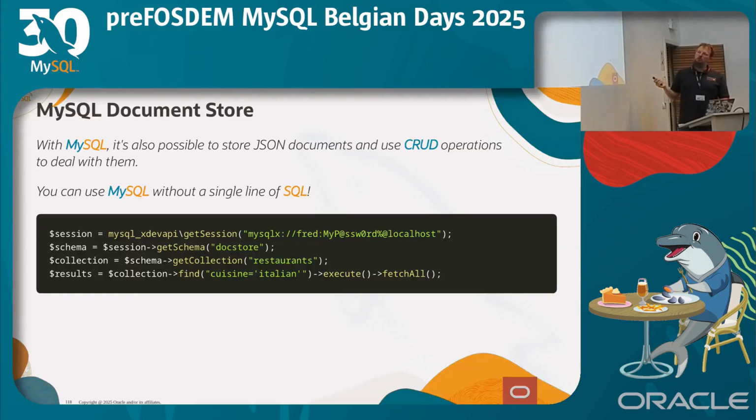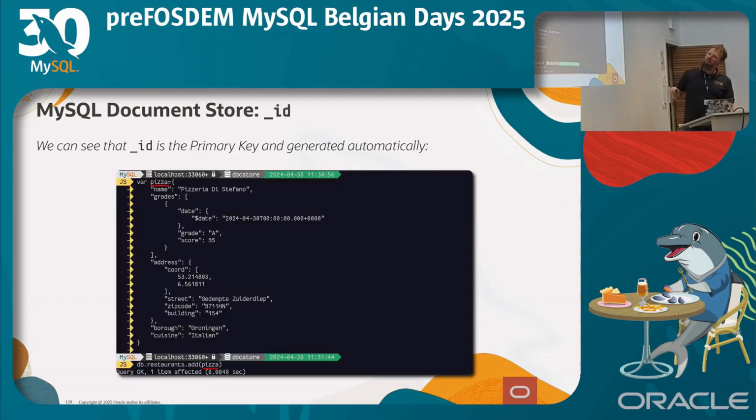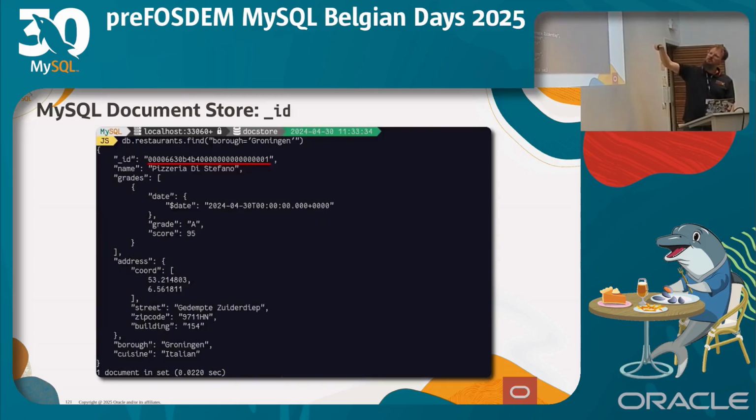If you use document store, there is yet something different in terms of primary key. So this is the primary key. It's the underscore ID, which is a varbinary 32, which is extracted from the JSON that we create. And here, when we had something and we had a new one, this is how the UUID looks like.